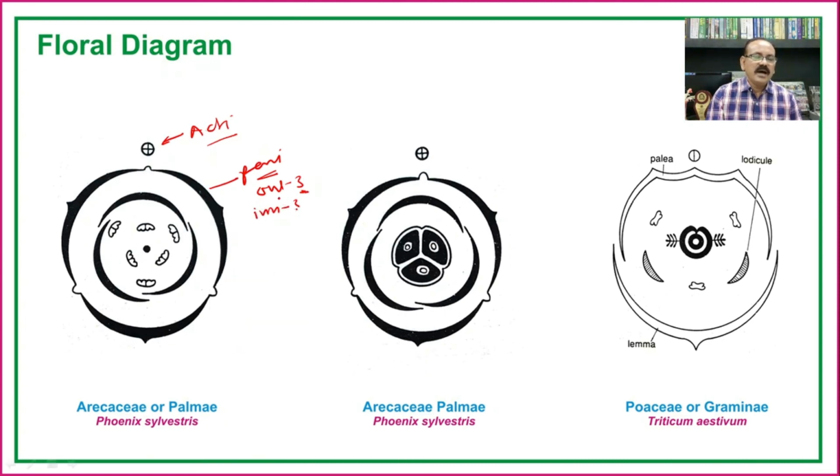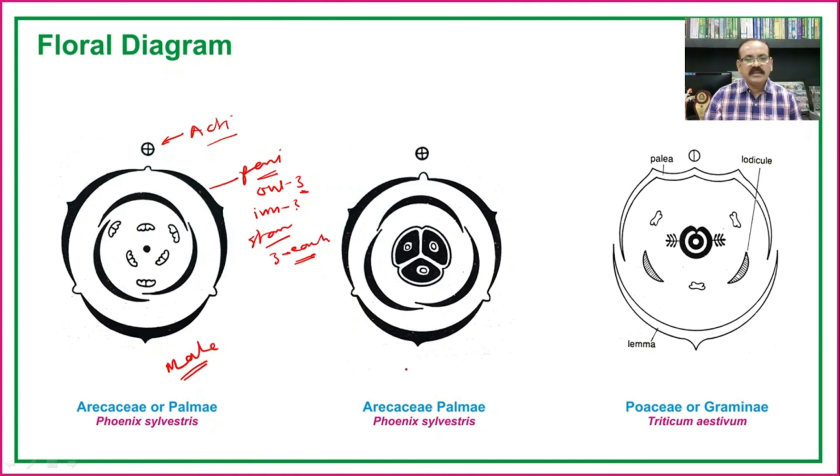The outer 3 are in a valvate condition and the inner 3 are present in a twisted condition. There is a presence of stamens again in 2 whorls of 3 each, and in the male flower the gynoecium is found to be absent.